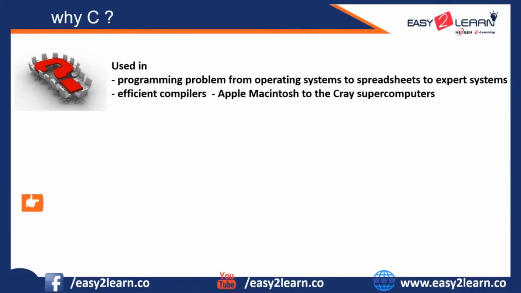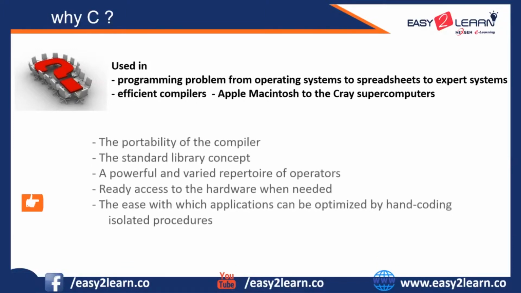C has been used successfully for every type of programming problem imaginable, from operating systems to spreadsheets to expert systems. And its efficient compilers are available for machines ranging in power from the Apple Macintosh to the Cray supercomputers.